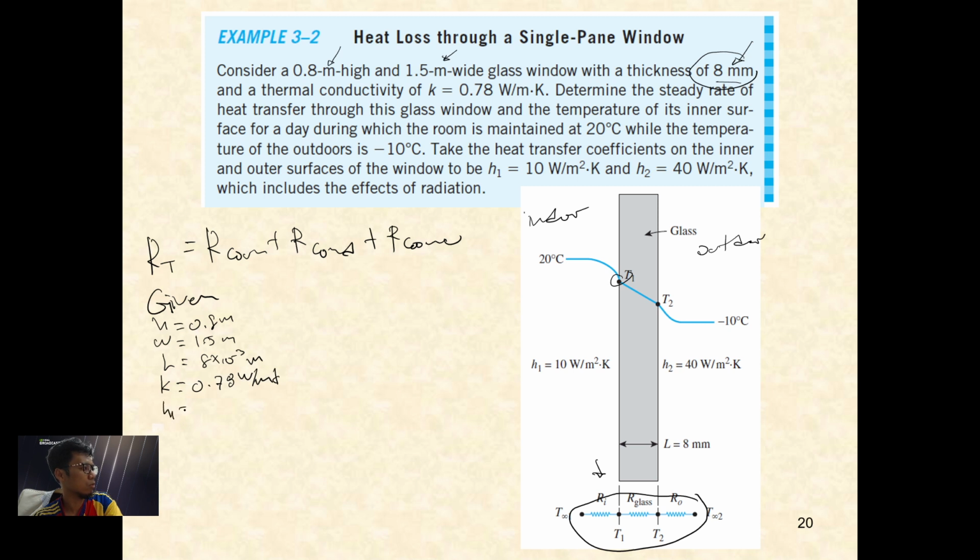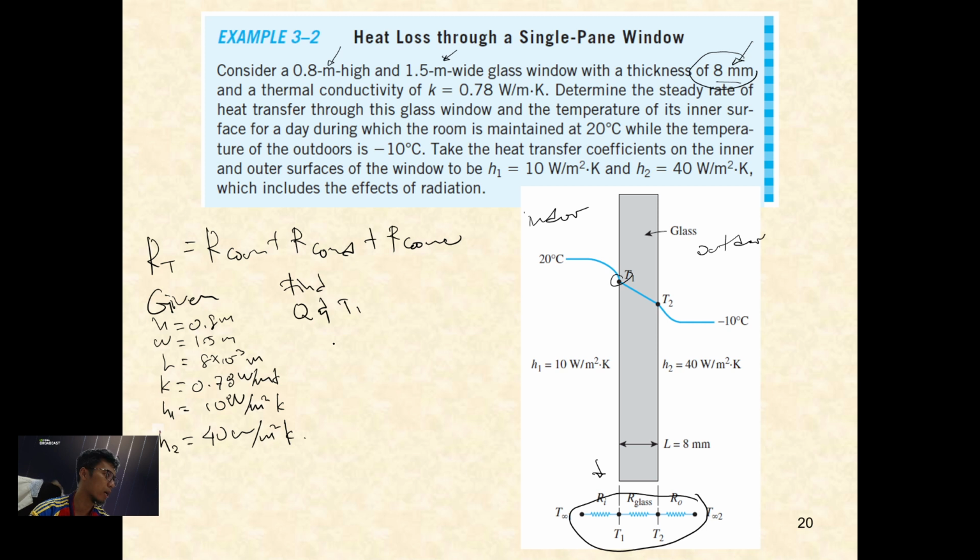H1 10 degree, watt per meter square K, and H2 40 watt per meter square K. Then solve for Q and T1. Okay, Q and T1.